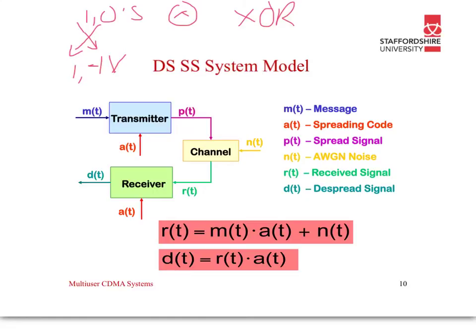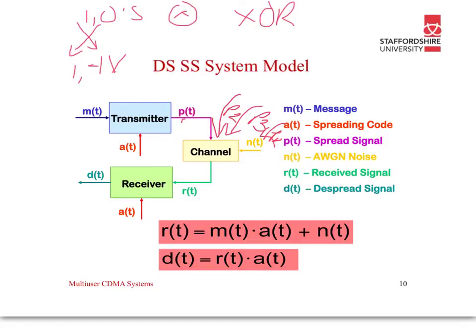If there were other users, then their spreading codes, so P2 and say P3, would also be passed to the channel. So this would be P1. So at the receiver, it would consist of our P1 of T, our spread code from message 1, and our spread code from the other users up to PK, and also the noise.